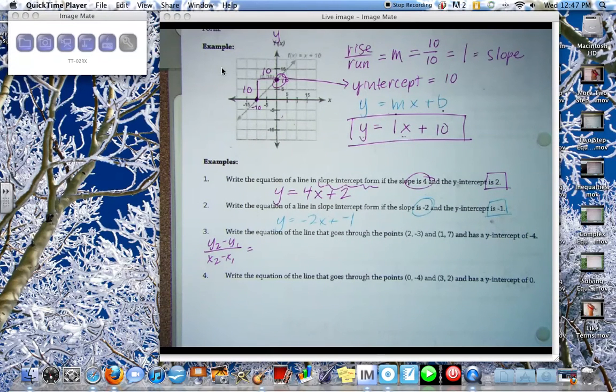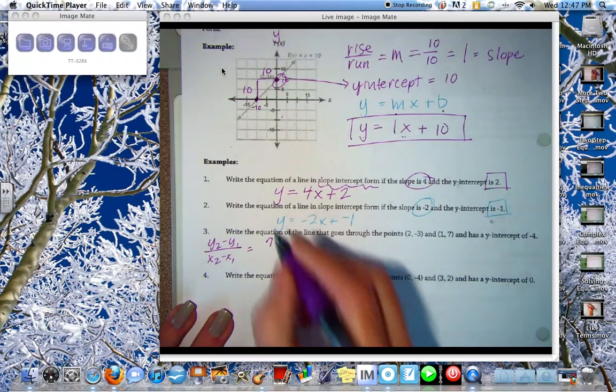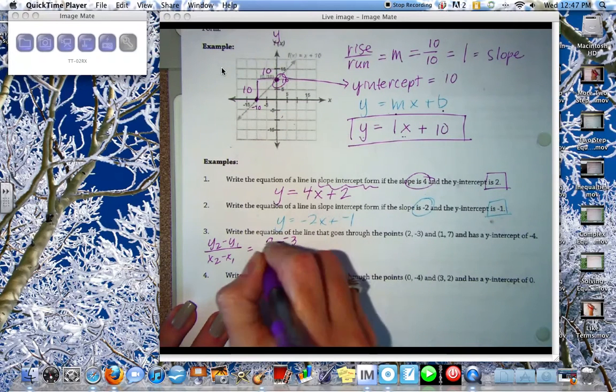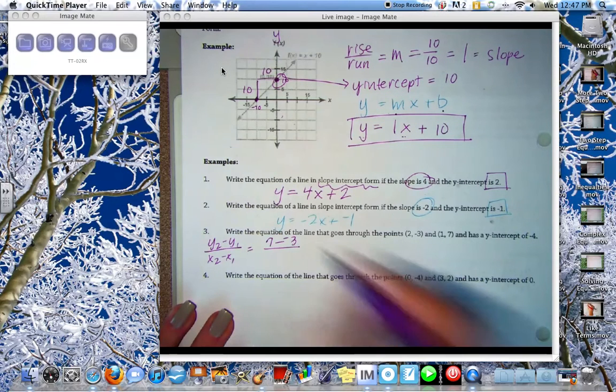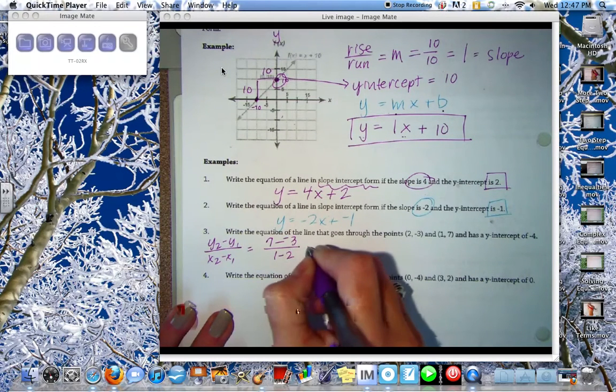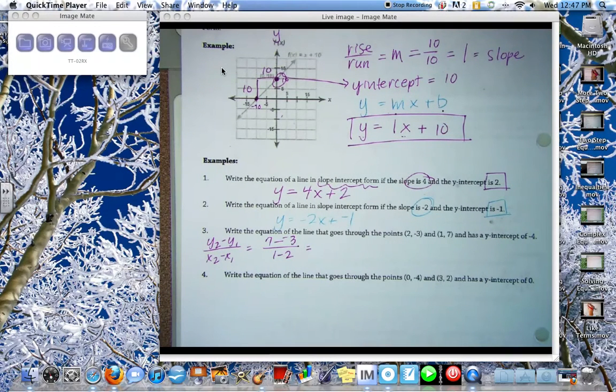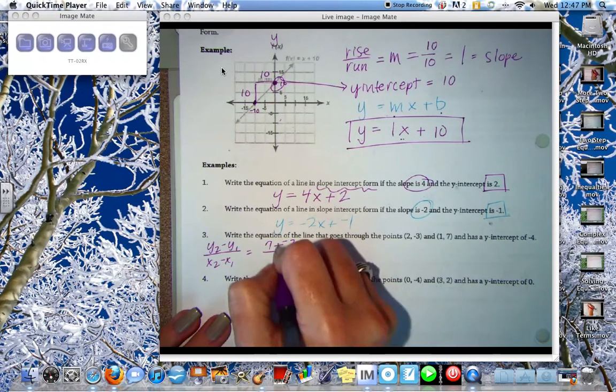What is my y2 value? 7 minus my y1 value, negative 3. Draw your fraction line. 1 minus 2. So what do I have on top? 2 negatives, plus 2, 10.